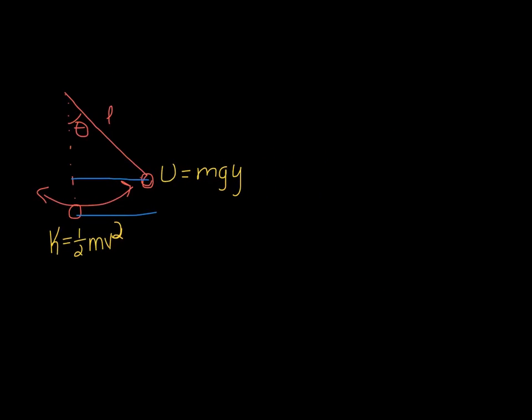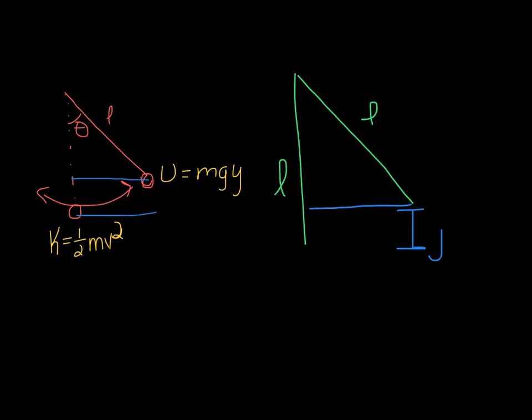So I could redraw this and say, okay, I have some length L, and then I have some other length L. This is not really to scale. I'll make it a little bit better. That looks a little more believable, maybe. And then I'm interested in the height difference between when I'm at the bottom point to being at the top.